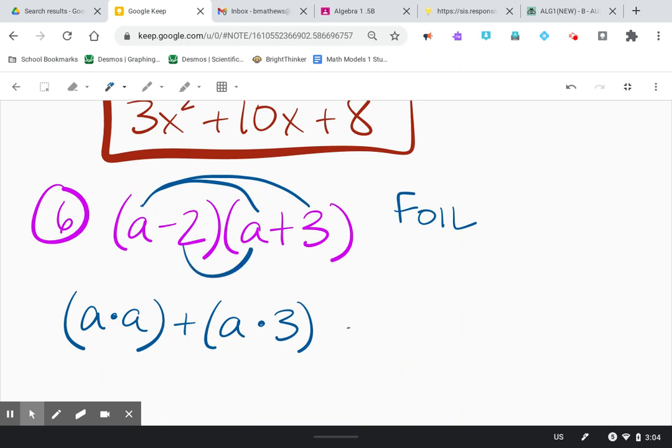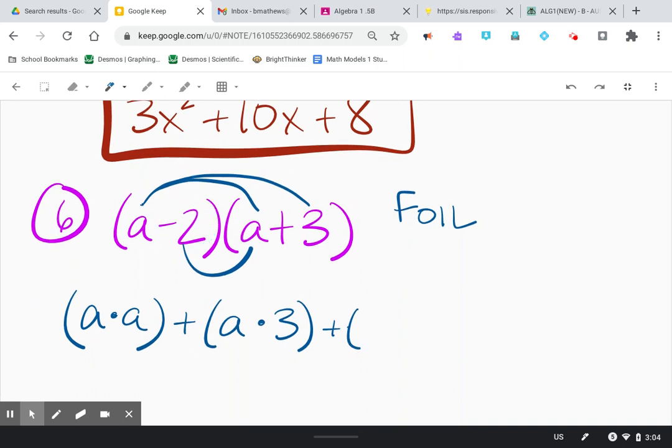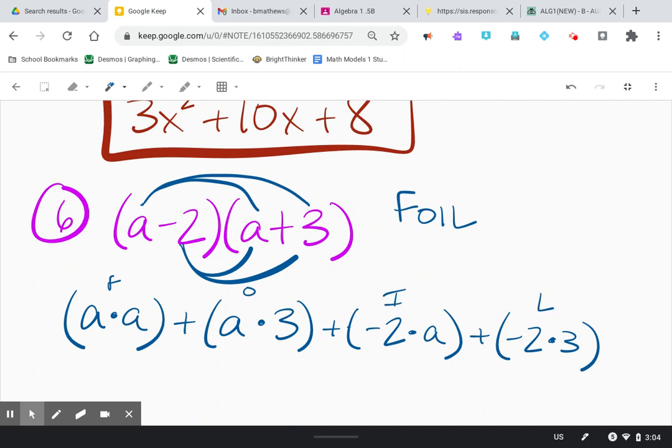Inside. Now, this is where, because there's a negative on this 2, I'm going to make that a negative when I multiply it. So it's going to be negative 2 times a. And then negative 2 times 3 for the last. So this is first, outside, inside, last.